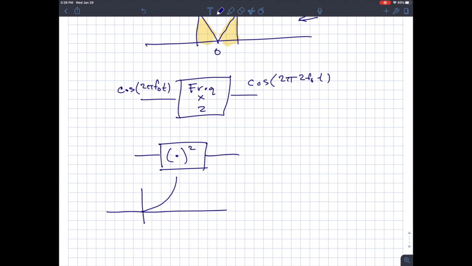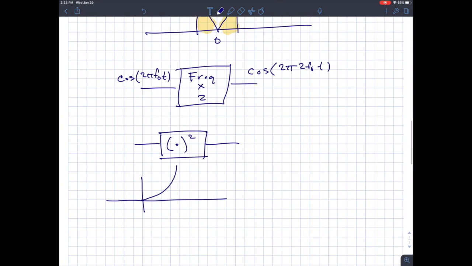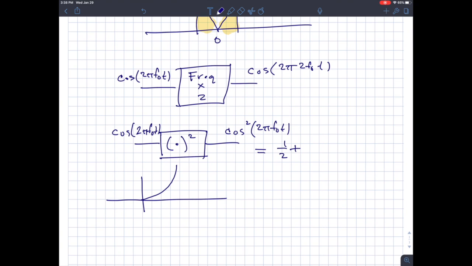It doesn't actually have to be perfectly squaring, it's just some kind of nonlinearity.